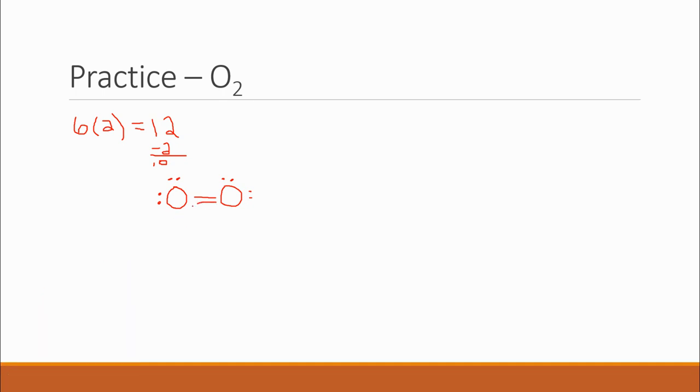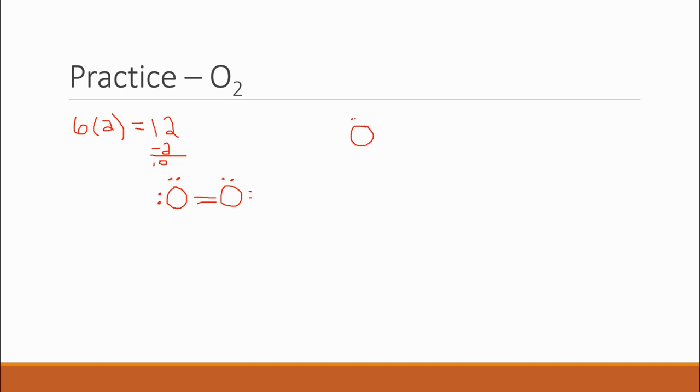These 2 electrons have moved so that they're shared between both oxygens. And now I have 1, 2, 3, 4, 5, 6, 7, 8, because each bond is 2 electrons. So I have 8 electrons around this oxygen and 8 electrons around the oxygen on the right. And I've used a total of 12 electrons. So this is good to go.